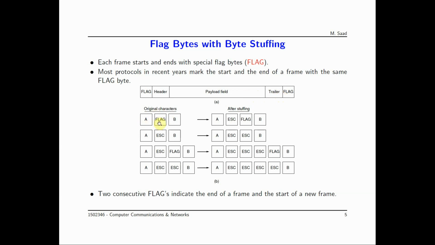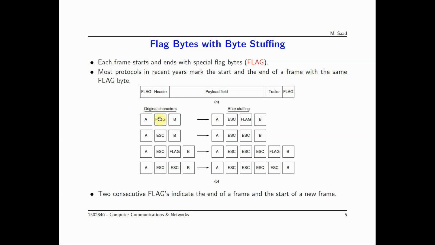And if it sees a flag pattern in the data itself, it will add an escape before the flag. Insert or stuff an escape before the flag. And here we have numerous examples on how this happens and how the receiver can recognize that the flag actually is part of the data and not an actual flag that says this is the end of the frame.